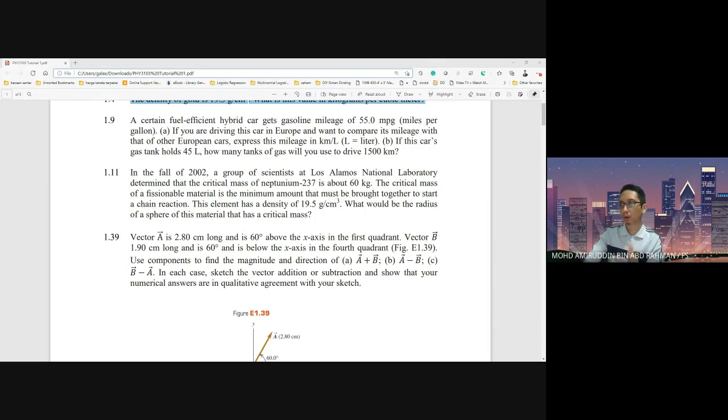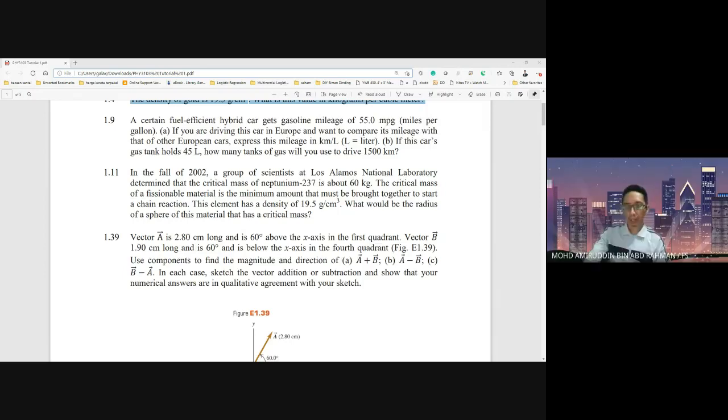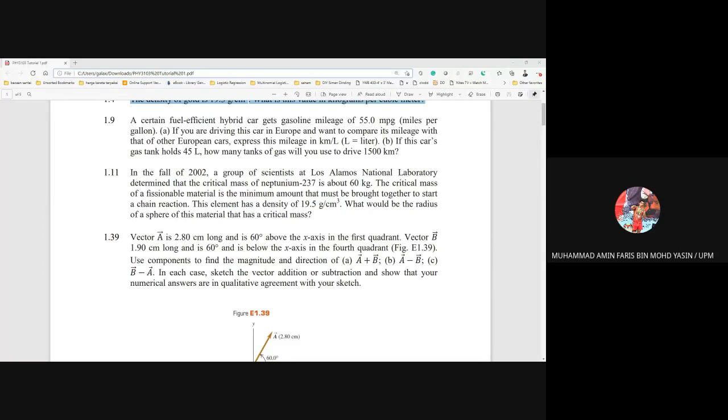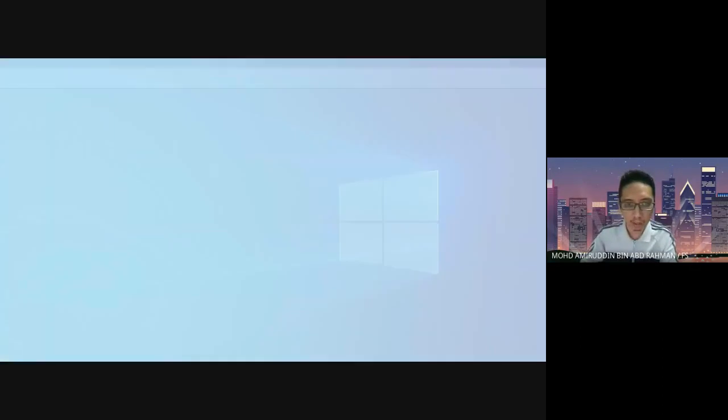So what's the formula for the volume of a sphere? Over 3 pi r... Pardon? What's the volume? 4 over 3 pi r cubed. Yes, 4 over 3 pi r cubed.